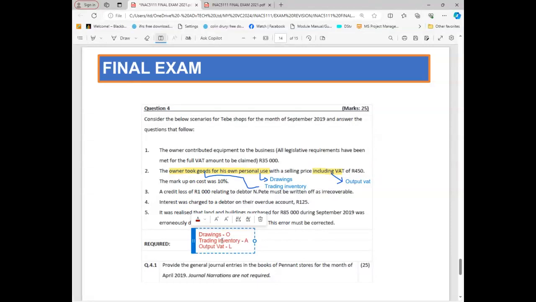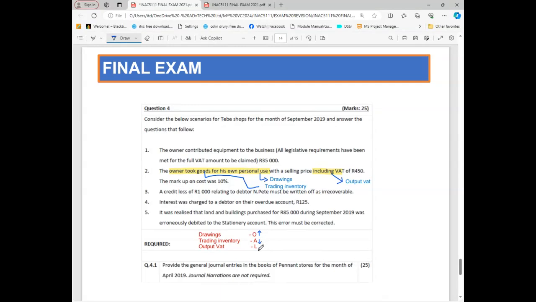From here, we are going to make sure that we further clarify this. We must check the movements. Drawings is increasing. Trading inventory is decreasing because obviously the owner took it.